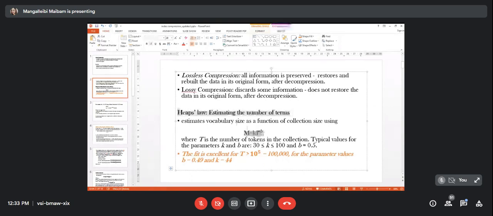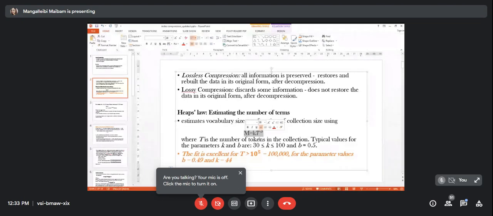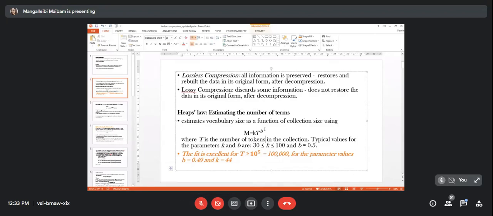We will use this formula, where T is the number of tokens in the collection, and K and b are parameters.